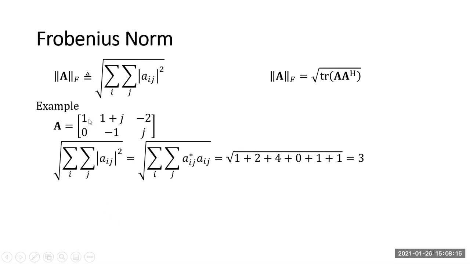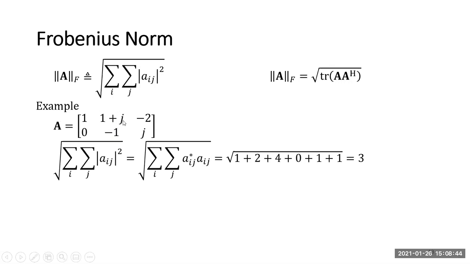Here's an example. This is a matrix, and we take each element. The absolute value of Aij squared is the same thing as Aij star times Aij, the complex conjugate of Aij times Aij. So 1 times 1, then 1 plus j, what's the complex conjugate of that? 1 minus j.